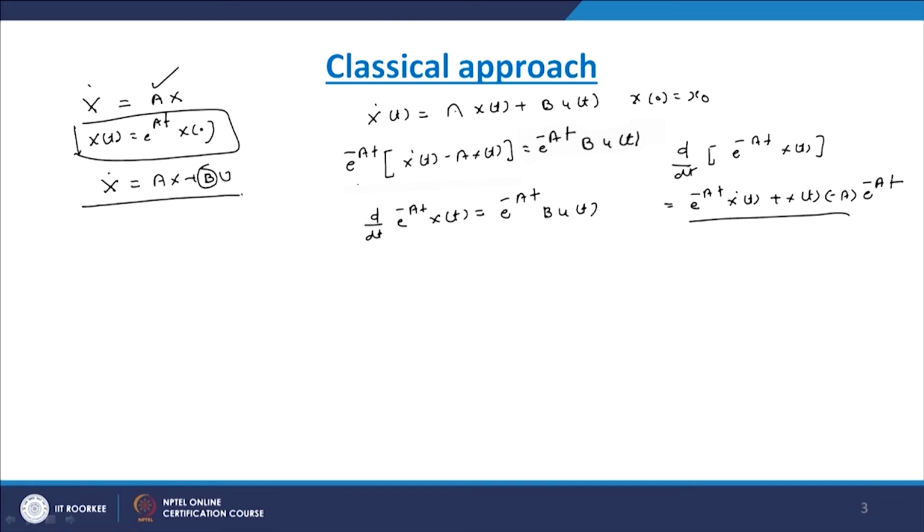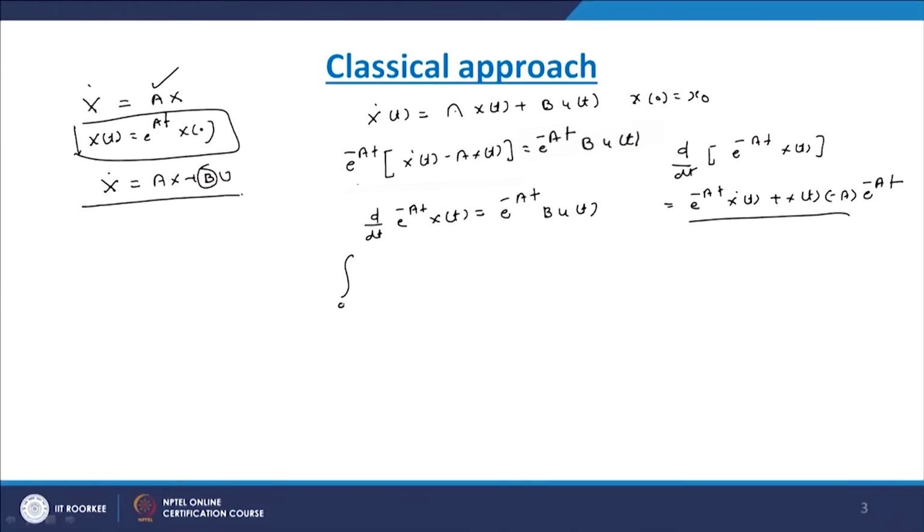Now here a differentiation has come, so the best option is that we integrate this equation. If you integrate the equation, definitely some term of x of t will come. Therefore, integrating both sides from 0 to t, that is, the integral of d by dt of e raised to minus at into x of t equal to the integral from 0 to t of e raised to minus at b into u of t.